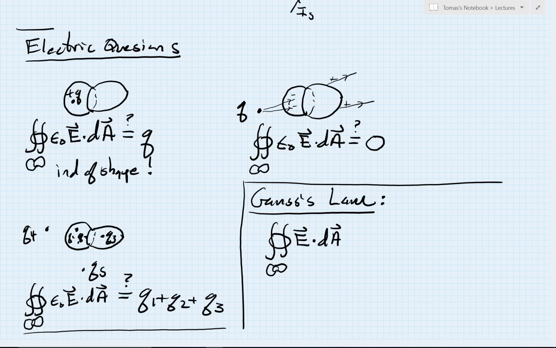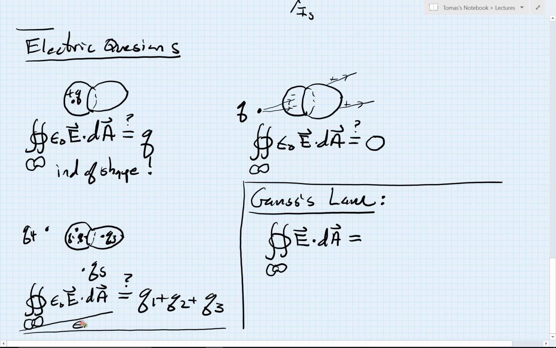What you get when you do that integral is equal to just the sum of the charges which are inside your surface. Now, one thing I want to emphasize: it might look like I accidentally dropped my epsilon naught, but that was no accident. When we write down Gauss's law, for historical reasons, what we usually do is just divide both sides of this equation by epsilon naught. So here, maybe I'll just do that mathematically.